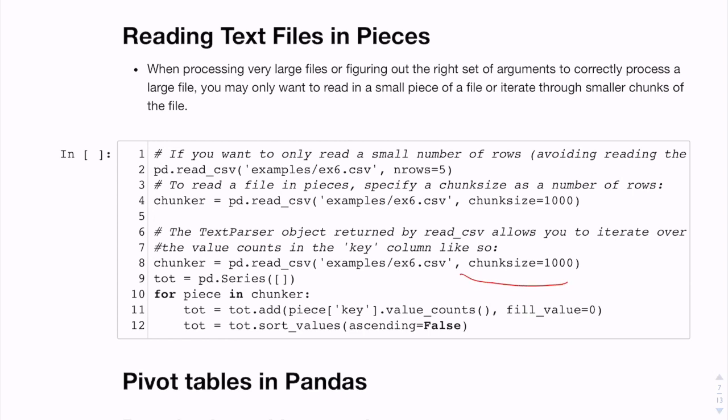By specifying the chunk size, you split the file into chunks, and then you run an iterator, go through each chunk and read it into a data frame, and then you can work with this data frame. This is extremely important for today's data science problems because we are dealing with huge files.